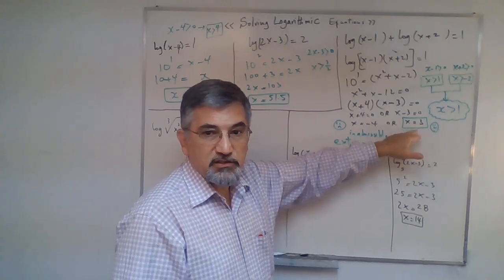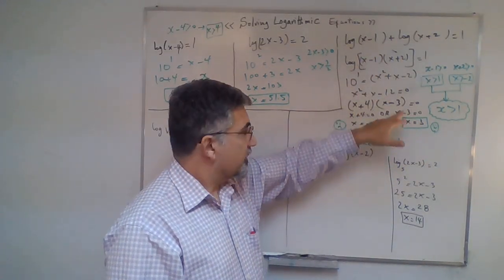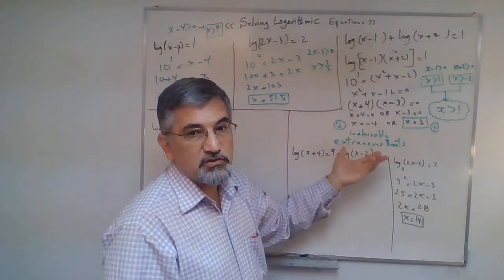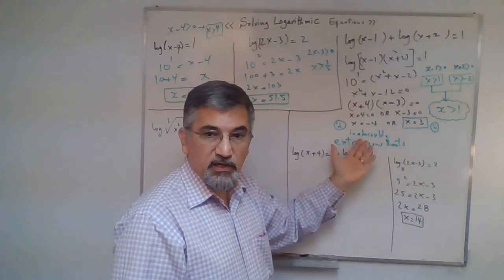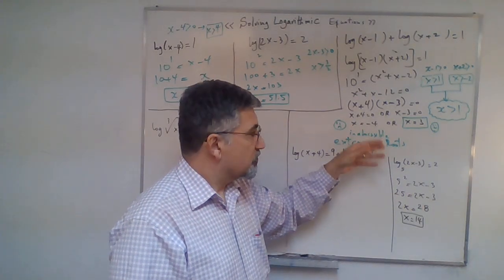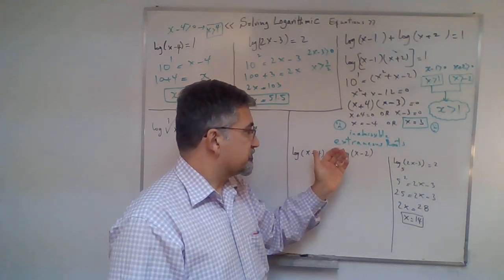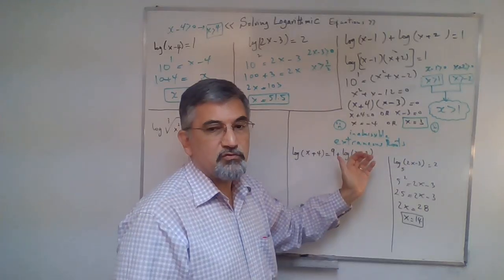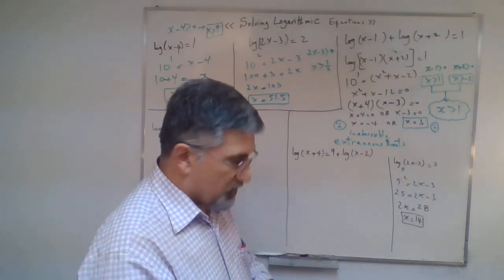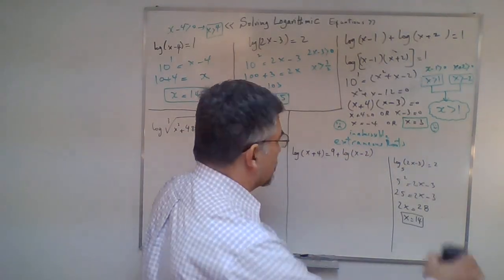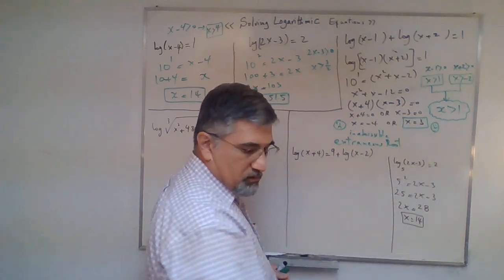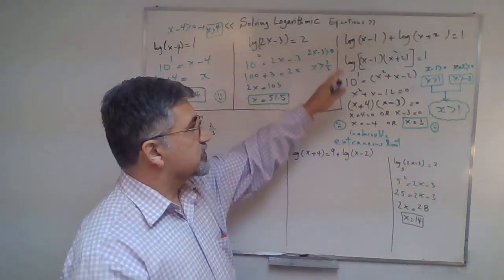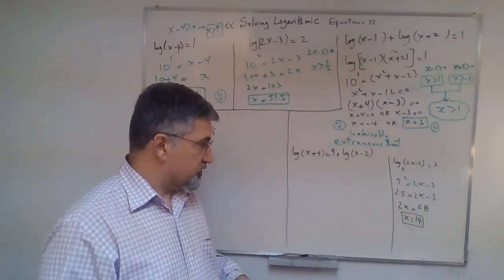So this answer actually satisfies the equation, but the other solution does not. So that's called an inadmissible root. We don't accept it. Extraneous root, it's called. So we have only one solution for this logarithmic equation.